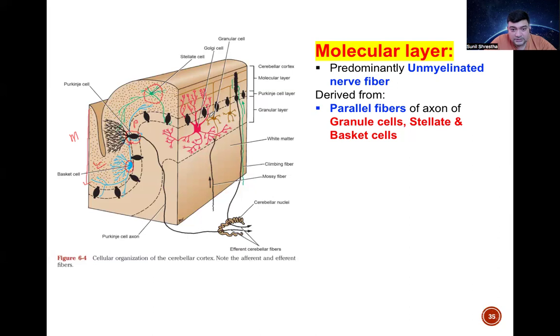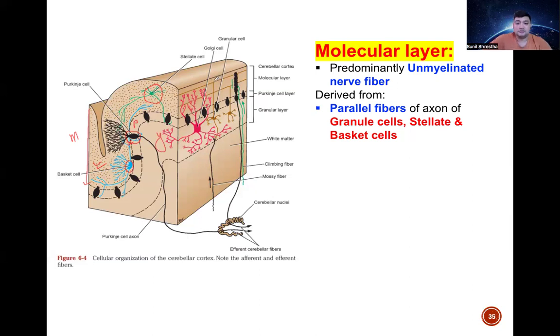Here, if you see, some of the cells are granular cells. The granular cells also have fibers that are coming from the granule cell layer into the molecular cell layer.